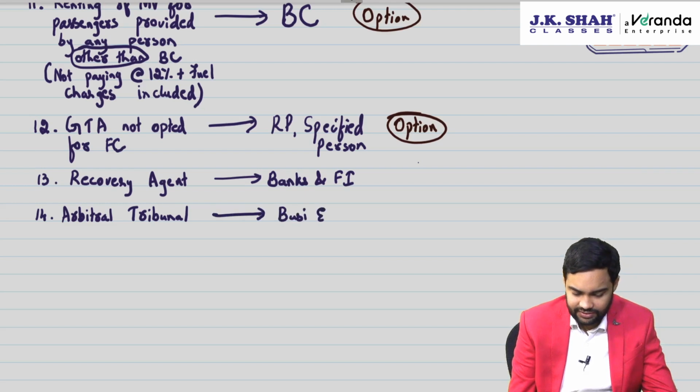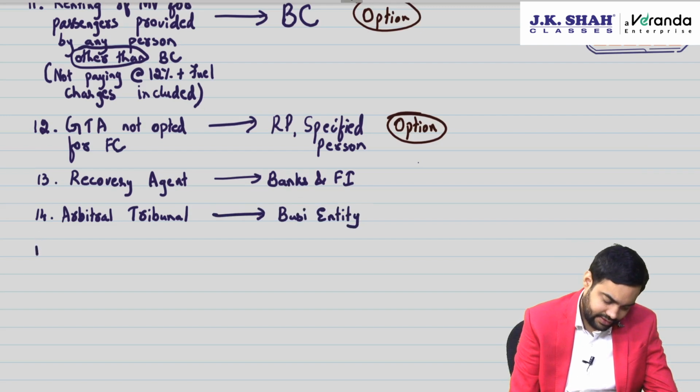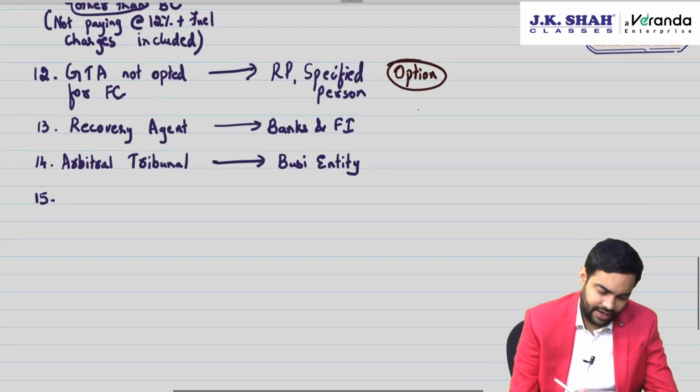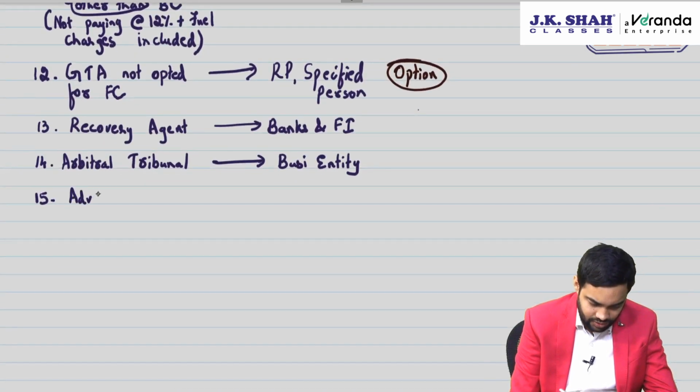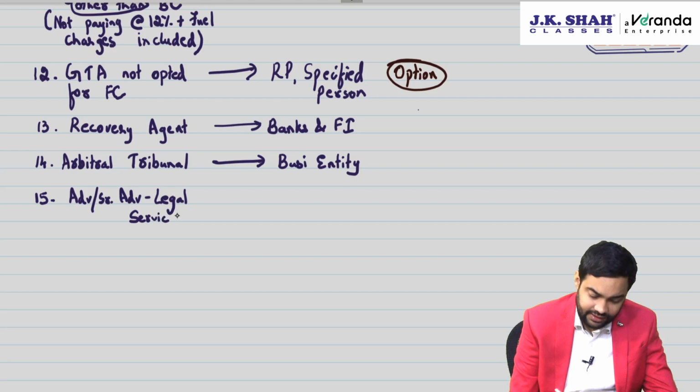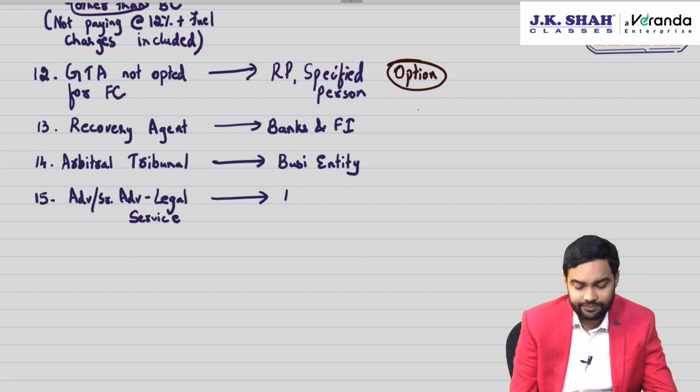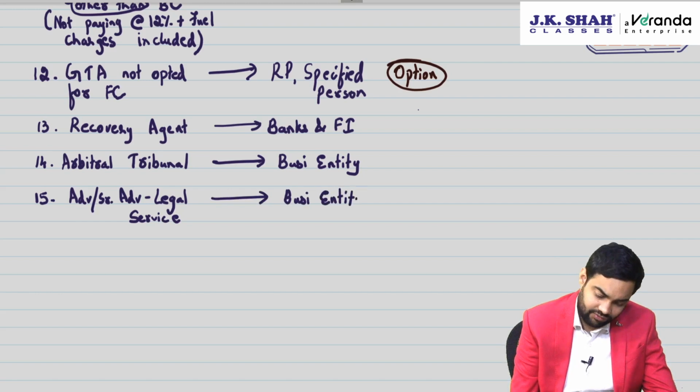Here the wordings used is business entity. Then you have advocate or senior advocate providing legal service. Anything other than legal service would be covered under forward charge. Be very careful that the specific wordings have to be met.